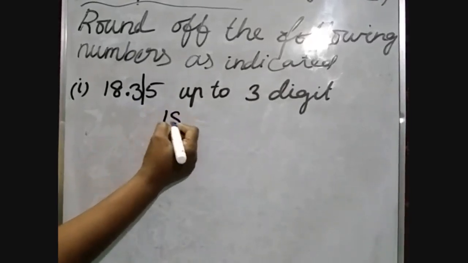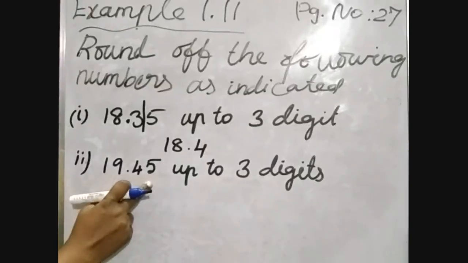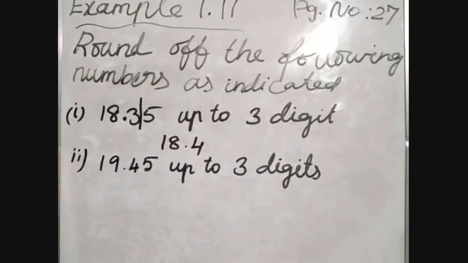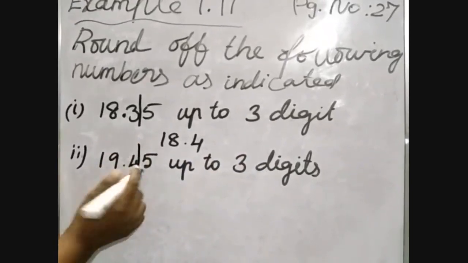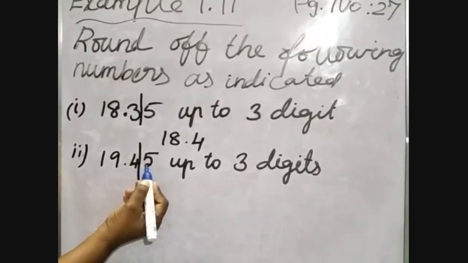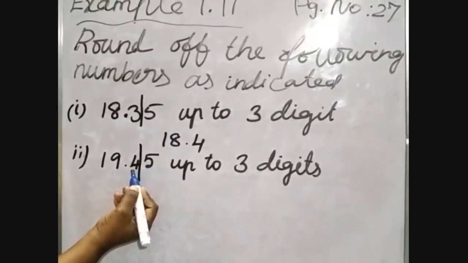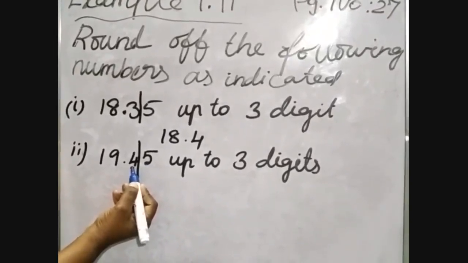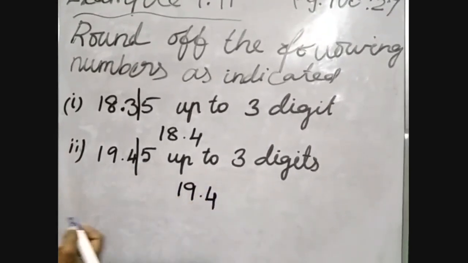The answer is 18.4. Second one, 19.45 up to 3 digits. Here the digit to be dropped is 5. So look at the previous one whether it is odd or even. Here even. So there will be no change. The answer is 19.4.